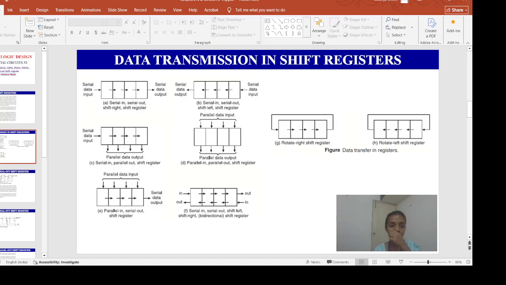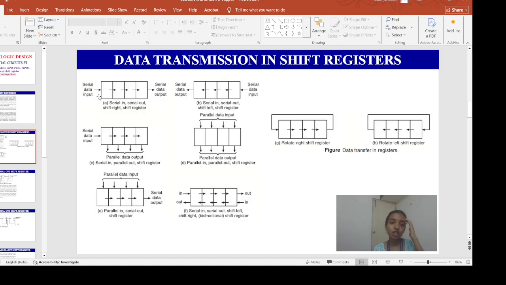You can see this is the shift right, serial in, serial out. The input data is coming in serially and it is also coming out serially. That is why it is called serial in, serial out. But what is the flow of the data? From left to right.